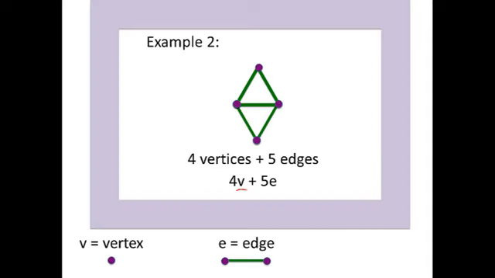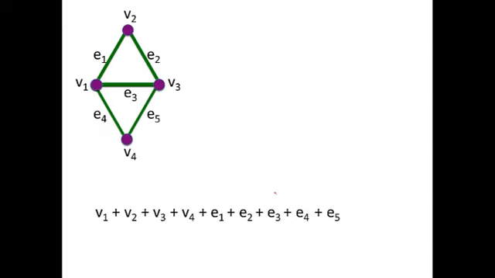First, we want more objects to count. We will give a different label to each vertex and edge. In the earlier example, we only had 2 objects to count, just v and e. Now we will label each of our vertices individually, so we have v1, v2, v3, and v4, as well as individually labeling our edges, e1, e2, e3, e4, and e5.